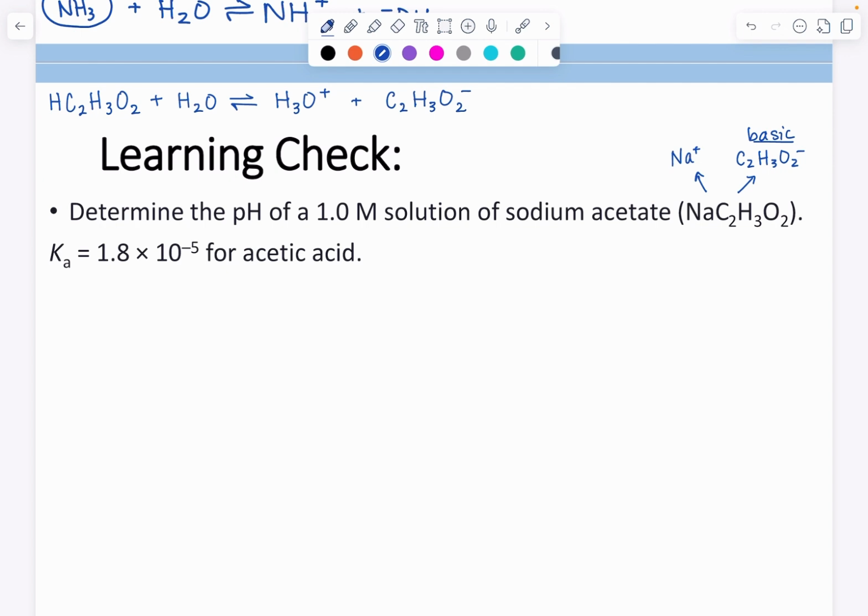So sodium acetate has the conjugate base of acetic acid. It's acetate.